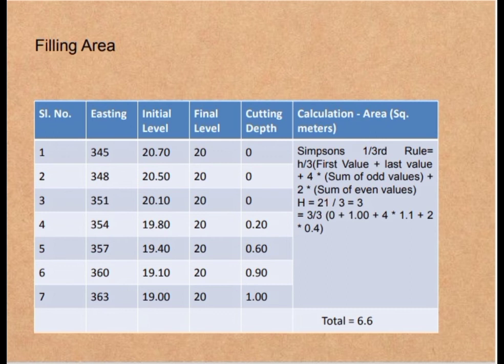Here h is equal to 21 over 3, which is equal to 3. So it is 3 over 3, open parentheses, 0 plus 1 plus 4 times 1.1 plus 2 times 0.4, which is equal to 6.6.